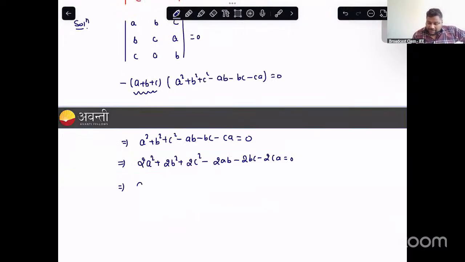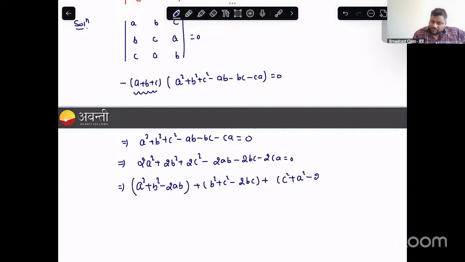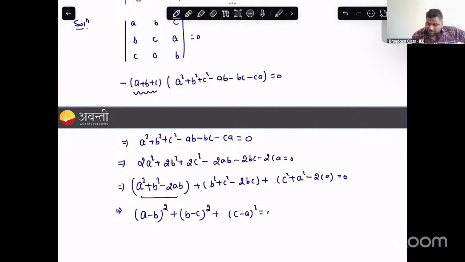Now it can be written as A square plus B square minus 2AB plus B square plus C square minus 2BC plus C square plus A square minus 2CA. This is 0. Now tell me, what is this? Isn't it A minus B whole square plus B minus C whole square plus C minus A whole square equals 0.